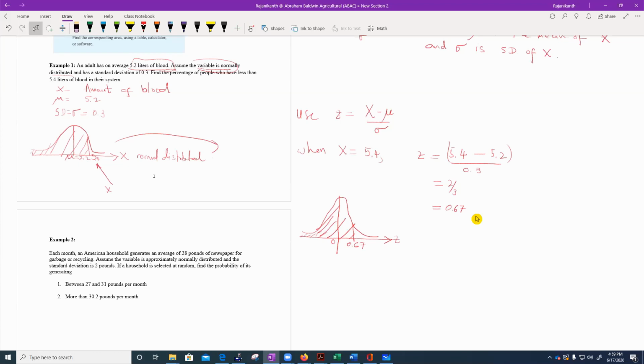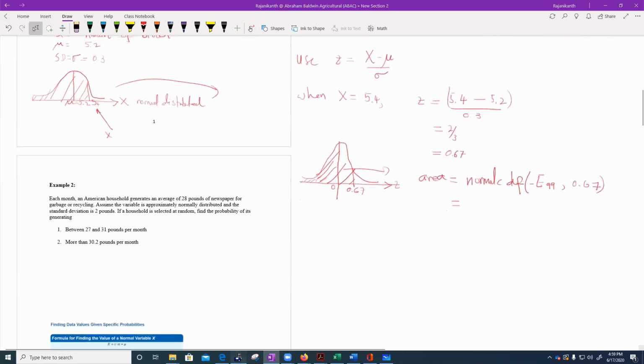Now we know how to find area. Since this is standard normal, you could use either the table or the calculator. The calculator function will be normal CDF, and you type the bounds. My lower bound is negative infinity, so negative E99, and my upper limit is 0.67. Okay, so now take your calculator and find this answer.